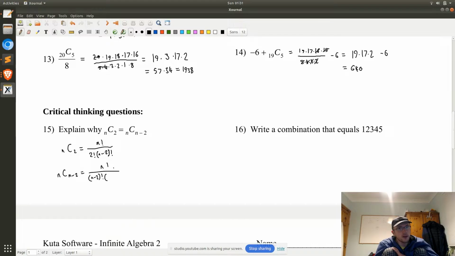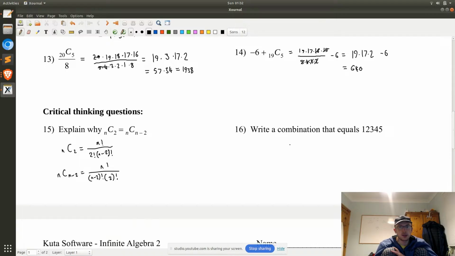And then n minus 2, which all goes back to 2. Or you can do it the critical thinking way. The first one is expressing the idea of choosing 2 items from a collection of n individual items. The next one is expressing the idea of not choosing 2 items. Thinking of them as light switches, they're clearly symmetrical situations.